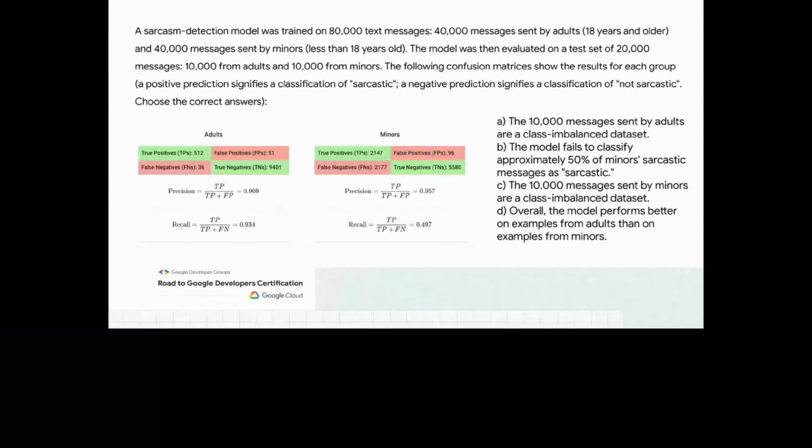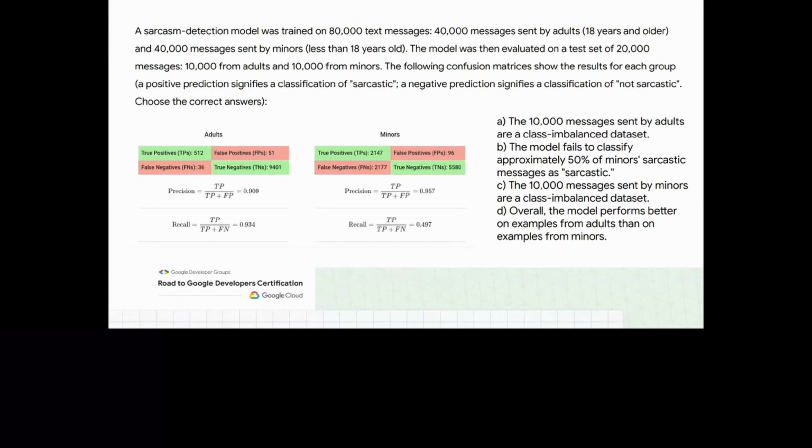And the second one, the model fails to classify approximately 50% of minor sarcastic messages. So go back to the minor confusion matrix. You see that true positives are about 2,000. False negative, which is immediately under that, is also 2,000. So from the total number, it basically gets 50% are sarcasm and 50% are not sarcasm.